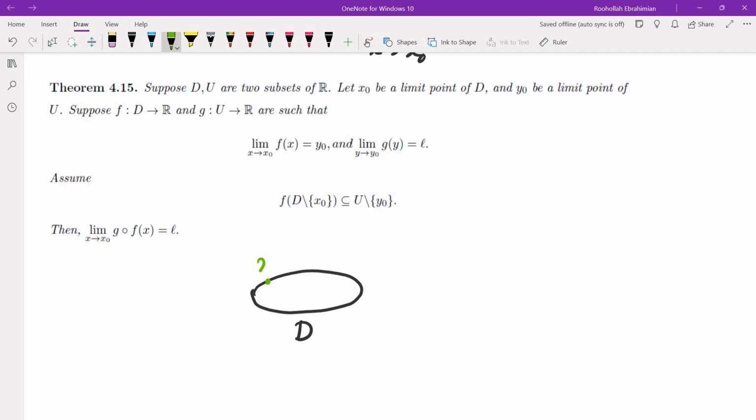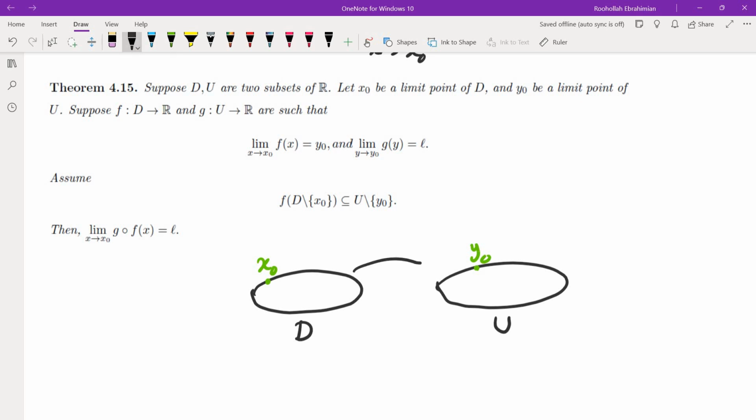It could be inside D or it could be somewhere on its boundary. Let y naught be a limit point of U. So here's the set U, and we have a point y naught that is the limit point of U.